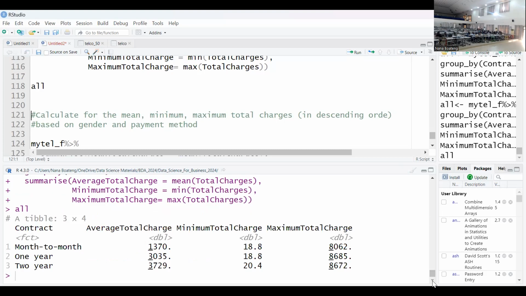It takes the type of contract, gives us information on average total charge, minimum total charge, maximum total charge. So we have a 2-year contract is the highest, much more expensive, followed by a 1-year contract.